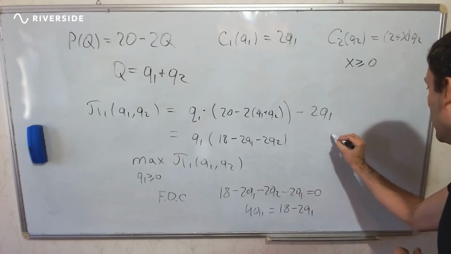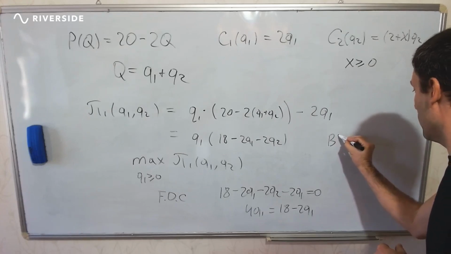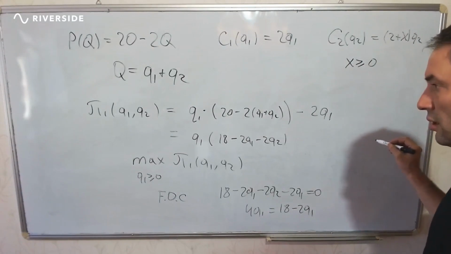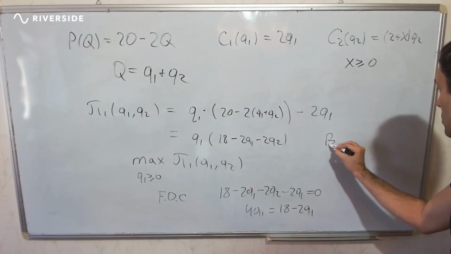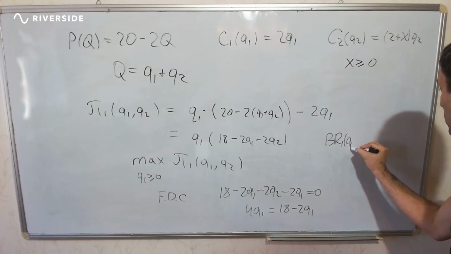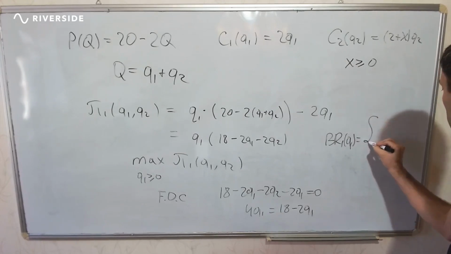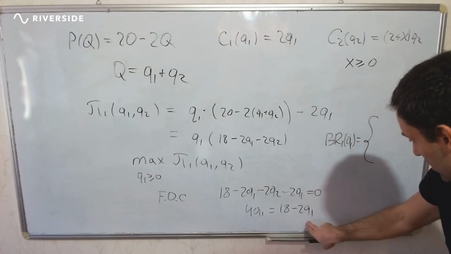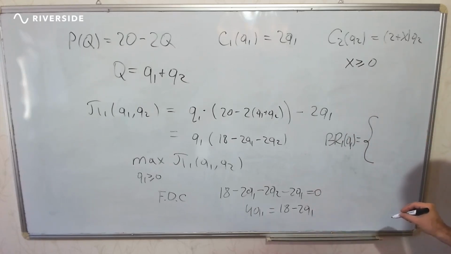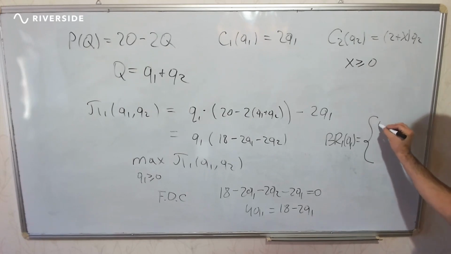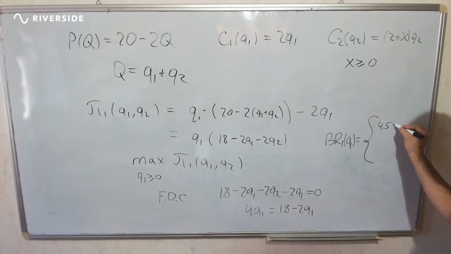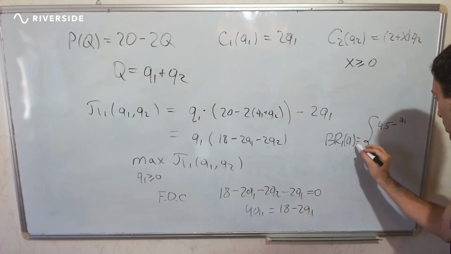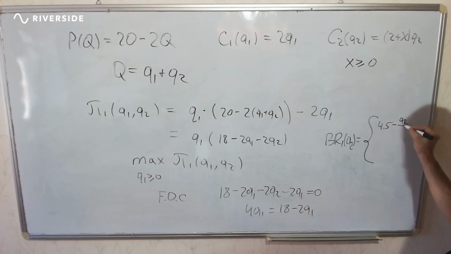Therefore, the best response of firm 1 as a function of Q2 will have two branches. First, the one given by this formula will be 4.5 minus Q2 divided by 2.